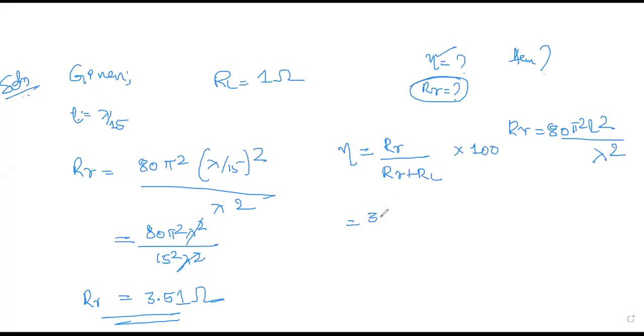So just substitute 3.51 divided by 3.51 plus 1 ohm, the loss resistance given, into 100. Find out what is the efficiency. 77.8, correct. 77.8%.